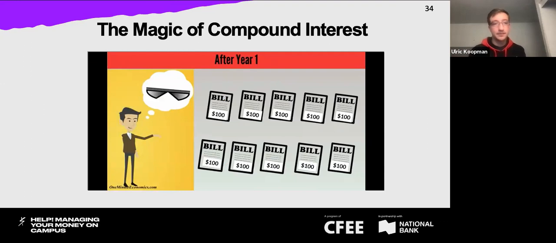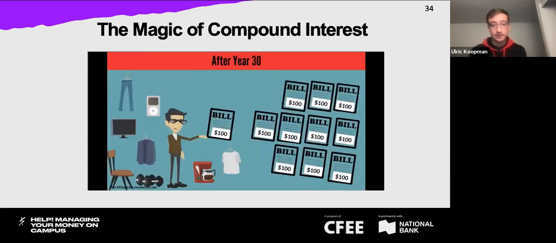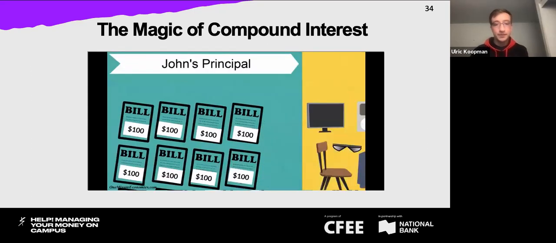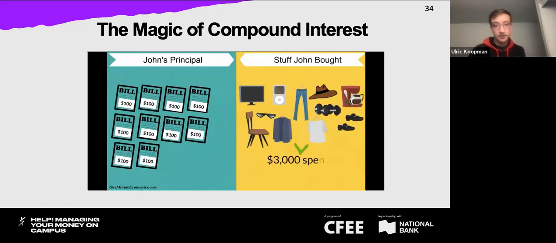After the second year, he'll once again have $1,100 in his account, out of which he'll take $100. After the 30th year, he'll have $1,100 as usual and take $100. He will be left with $1,000 in his account. So his principal and the returns he made amount to $100 multiplied by 30, so another $3,000, a grand total of $4,000 that he made over 30 years.